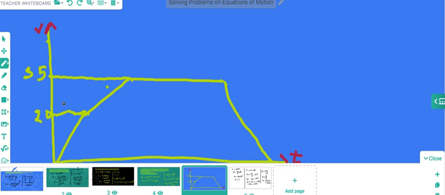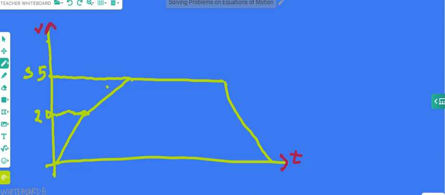Okay. Now the first movement, how many seconds did it travel? So the time for traveling here and the time for traveling here.